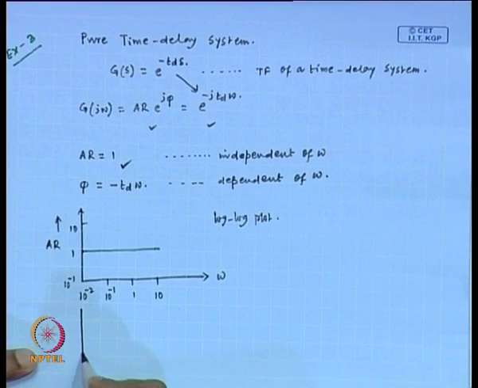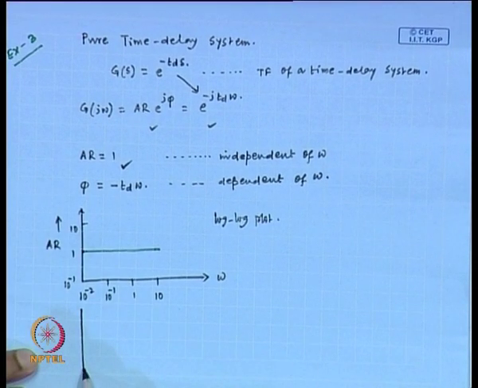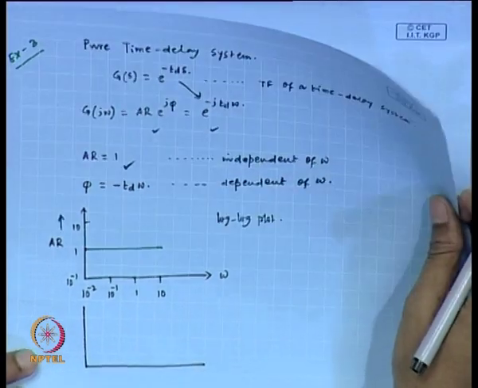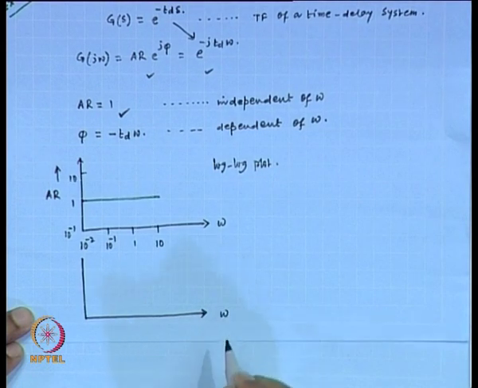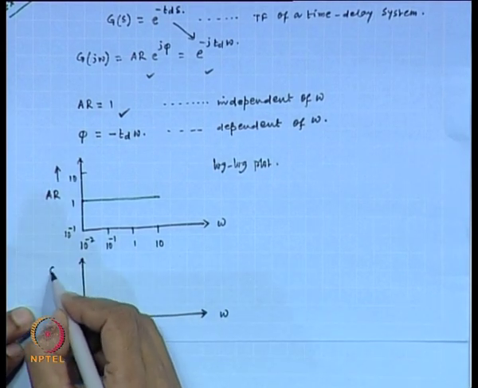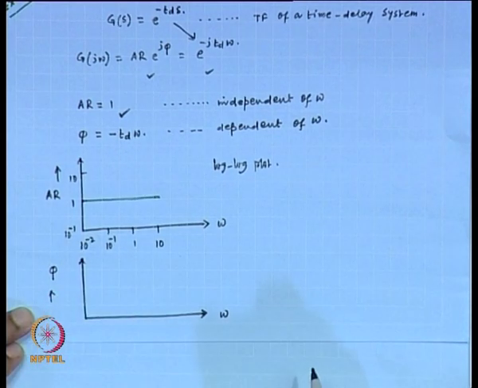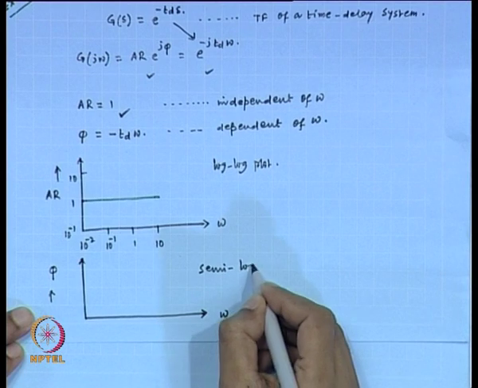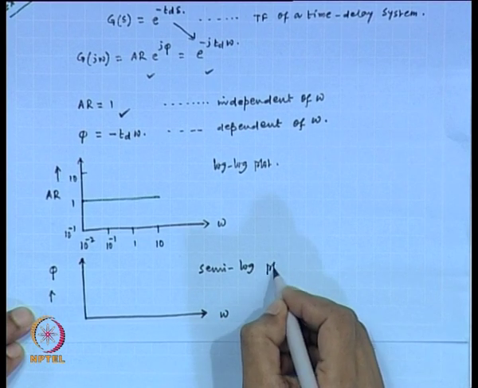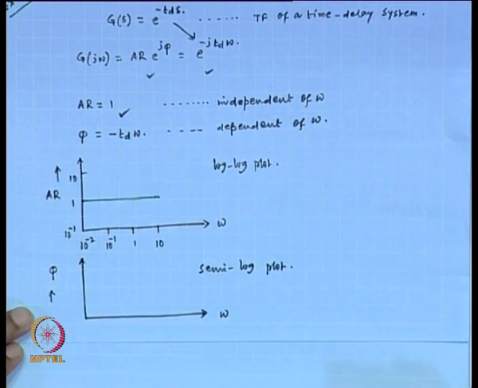and in the next plot we consider phi versus omega. As usual, this is the semi-log plot.